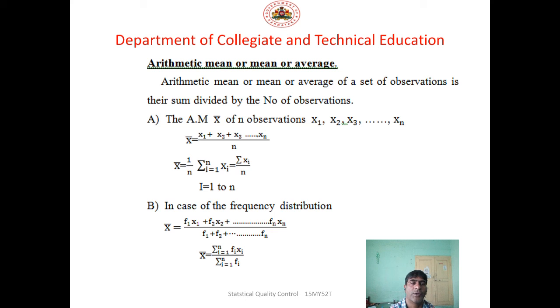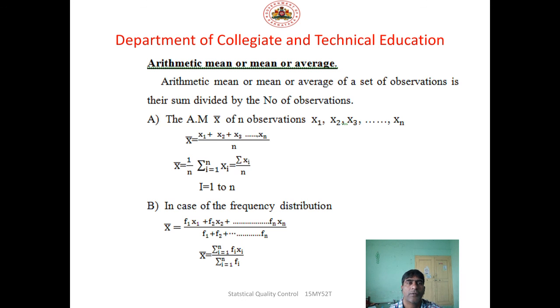So generally we denote it by x bar is equal to summation i equal to 1 to n of fi xi, the product of fi xi, divided by summation fi. We are taking the product of f into x, summation, divided by the sum of frequencies.